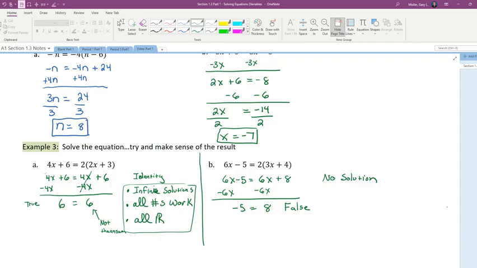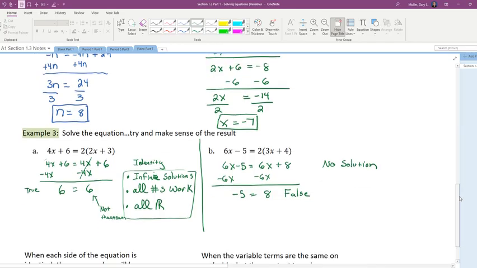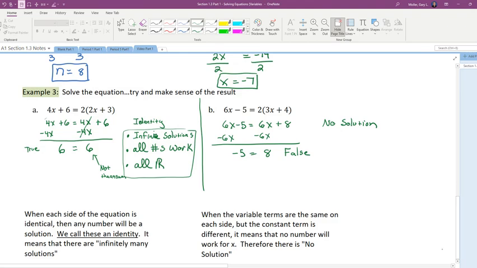Okay? So to summarize, we've got this statement right here. When each side of the equation is identical, then any number will be a solution. We call these an identity. It means that there are infinitely many solutions, or that all numbers work.